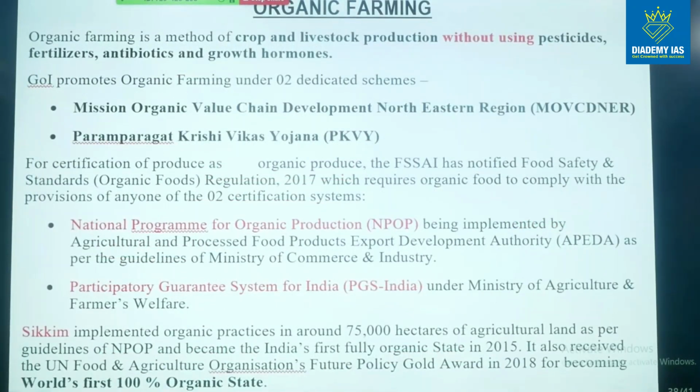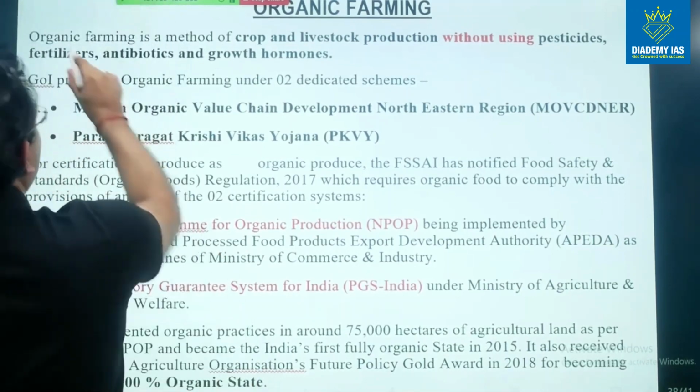Now next question is about the organic farming. Because of excessive use of the chemical fertilizer, we actually damaged the quality of our soil. And in this context, we want to promote the organic farming.